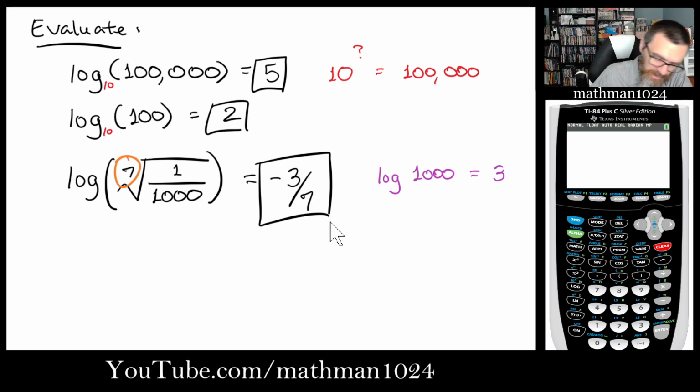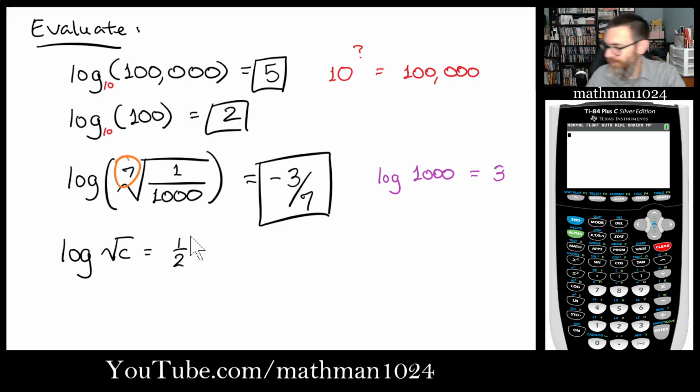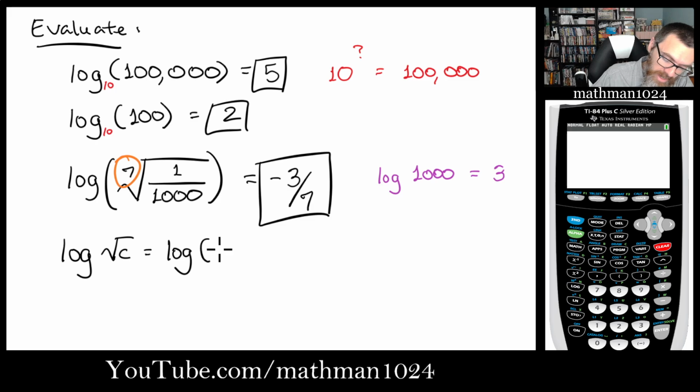We saw something just a little while ago when I had log of the square root of c, and we were able to rewrite this as, well, before we did that, we said this is log of c to the 1/2, and then we use the properties of log to say 1/2 log of c.